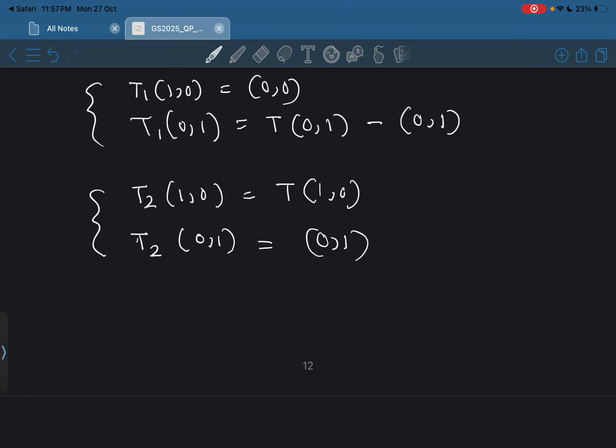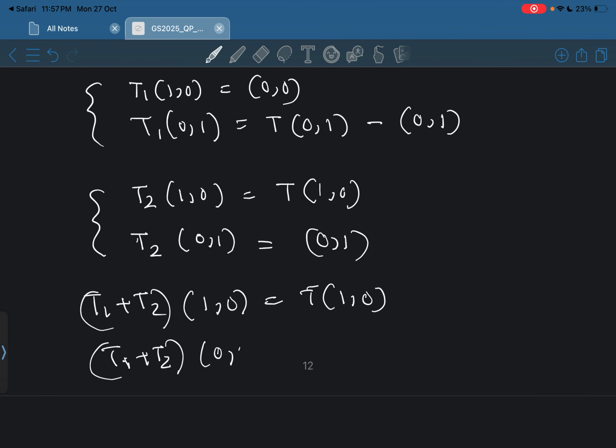So now if you define this, then T1 is obviously a linear operator because I have defined it already, and T2 is already a linear operator. Then what is T1 plus T2? T1 plus T2 of (1, 0) must be T of (1, 0), and T1 plus T2 of (0, 1) must be T of (0, 1). Since they agree on the basis vectors, they must be equal.